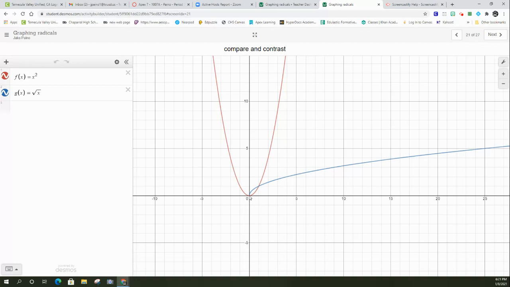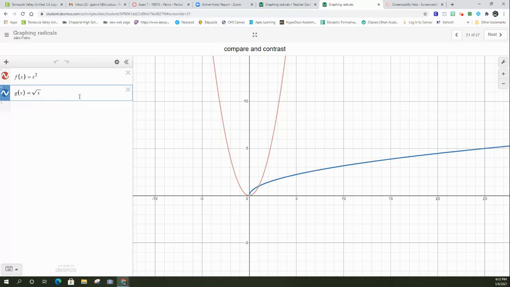On the parabola, on the red graph here, it's over 1, up 1, over 1, up 3, over 1, up 5. Or again, if you want to do rise first, up 1 over 1, up 3 over 1, up 5 over 1. And on the radical, it's up 1 over 1, up 1 over 3, up 1 over 5. And so that's the pattern.